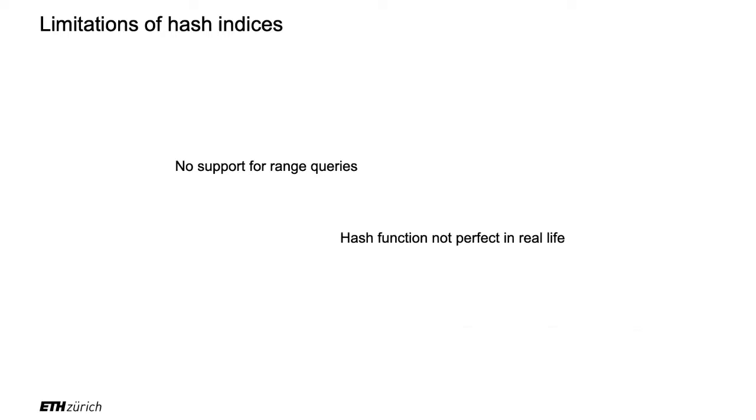Not perfect in real life, that's basically the collision issue, and the space requirements for collision avoidance, right? By the way, the fact that hash functions are not perfect in real life, or that it is very hard to predict the output, this is why the blockchain and Bitcoin actually work. This is the reason why you need billions and billions of tries, or even quintillions of tries, in order to get the hash below a certain level.